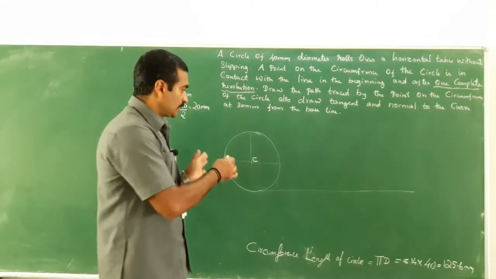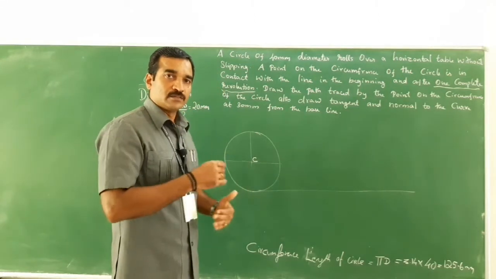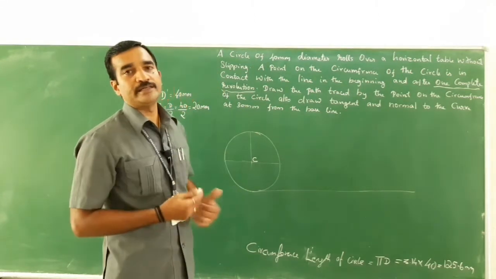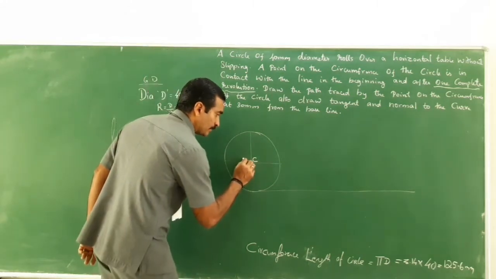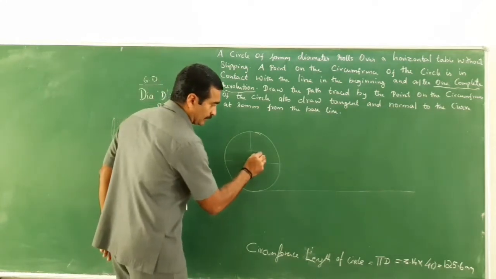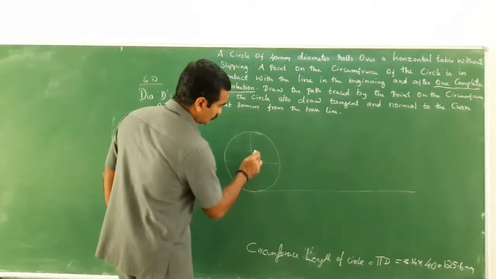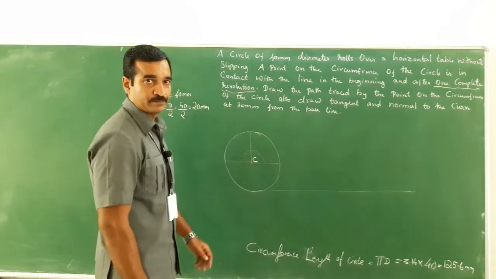Now, I will have to divide further to get 8 equal divisions. Keep your protractor in this manner. Choose 45, and similarly here also 45.